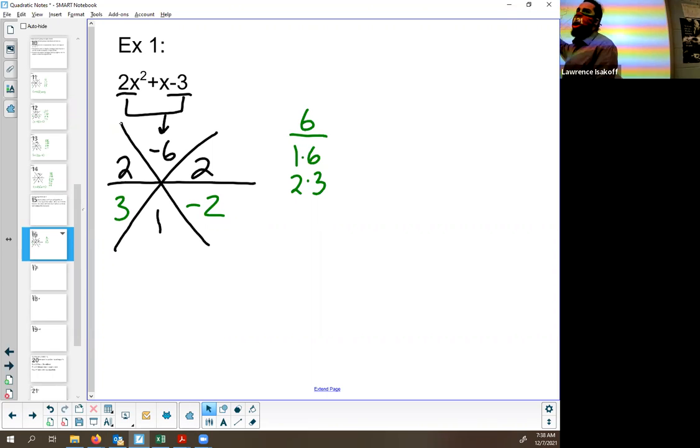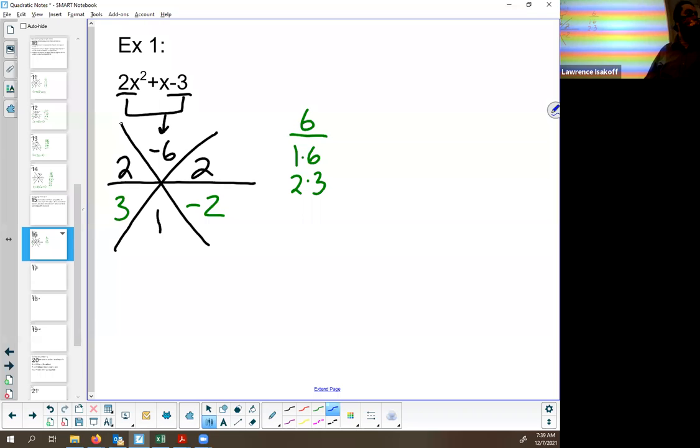With 2/3, is that a fraction we can reduce? 2 over 3? No, that's already reduced. But what about 2 over -2? This will reduce to 1 over -1.